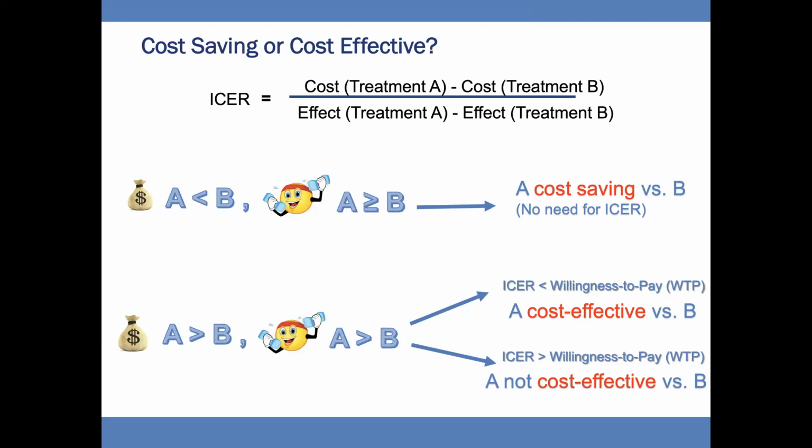For this scenario, we're going to say that A is cost saving versus B. A is cheaper and it offers a better outcome. Therefore, A is cost saving, and there's no need to calculate the ICER in this context. Because if it is cheaper, when you plug into that ICER formula, when you take the difference in cost, the ICER will be negative. So there's no need for the ICER in this context.